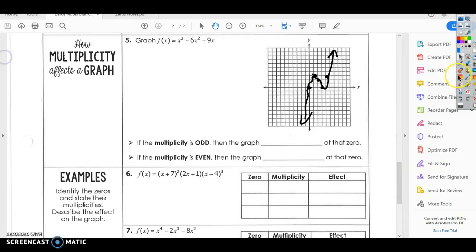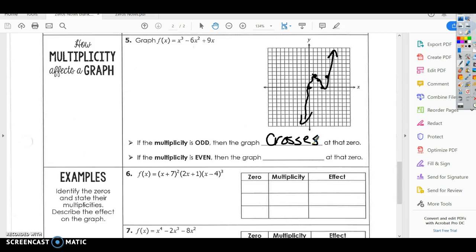It crosses at the 0. So if it crosses at the 0, it has an odd multiplicity.